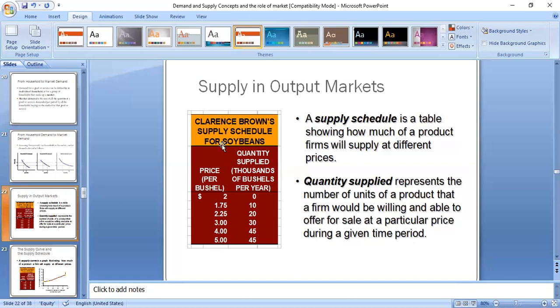For example, here we are seeing this is Clarence Brown. This is an individual. His supply schedule for soybeans, right?